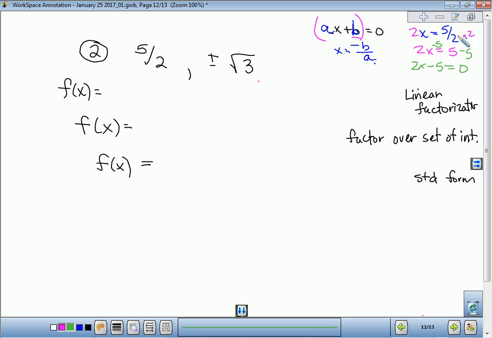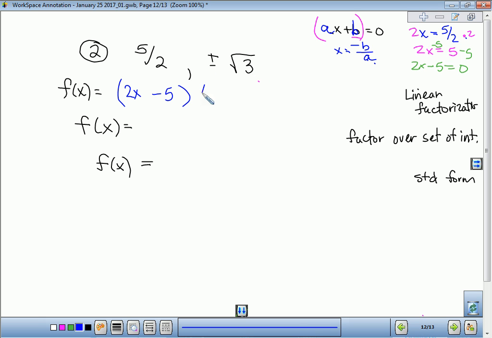Now, do you see that my shortcut would have worked? The opposite of this goes here, and this gets multiplied by x. Pick your method. Okay?